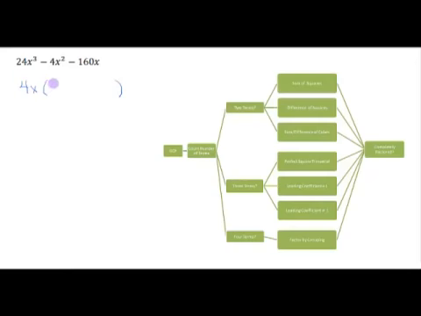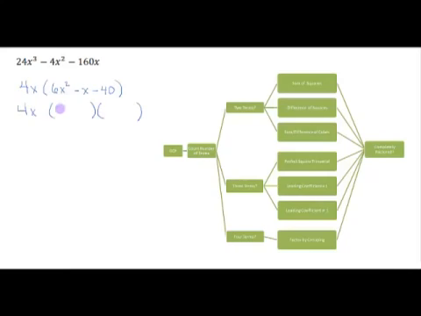That leaves me with a 6x squared minus x minus 40. Now let's try and factor this. We have 3 terms. It's not a perfect square trinomial, and the leading coefficient is not 1. So we're going to do the reverse FOIL method for this one.